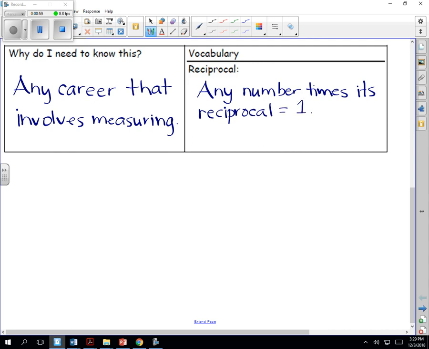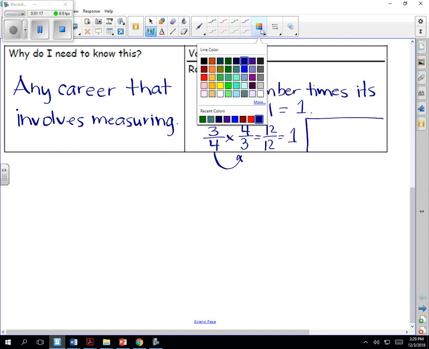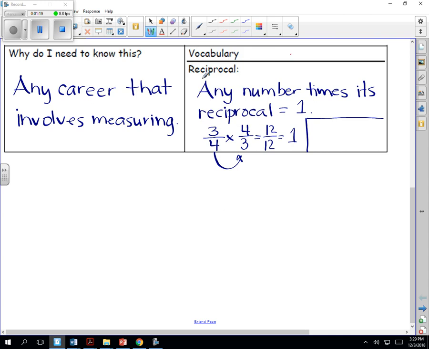So for example, if I had 3/4 times its reciprocal, 4/3, that's going to equal 12 divided by 12, which is 1. And what do you notice about the reciprocals here? And this is the elementary way of writing it. And that would be that the reciprocal is the flip of a fraction.